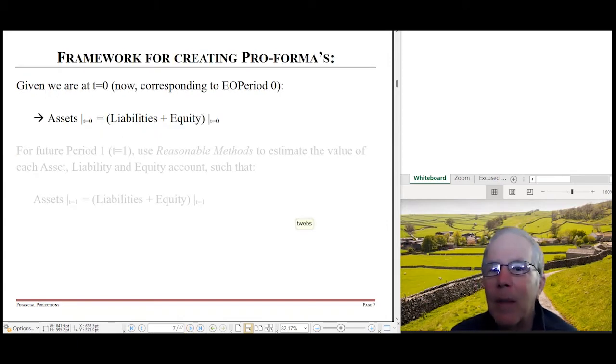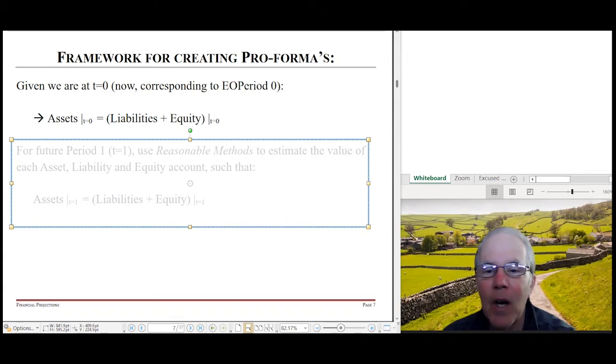So what's our framework for creating pro formas going to be? Well, as usual, we're going to start at t=0. And as usual, assets at time t=0 are going to be equal to liabilities plus equity, right? In accounting, that fundamental accounting equation is true at all times under all circumstances.